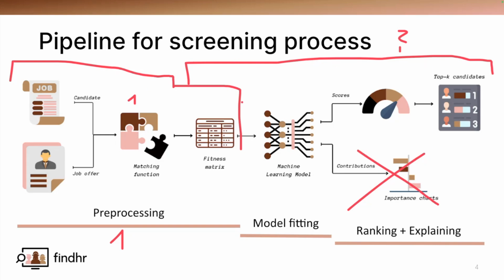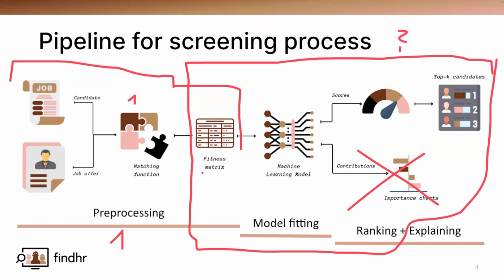Then the NIME workflow number 2 was starting from the fitness matrix and was showing how to train the LambdaMART machine learning model to learn the scores, obtain the top K candidates, evaluate the performance, and, for those that just joined, I'm making a short recap of what we had yesterday, evaluating the performance and measuring also the statistical disparity.